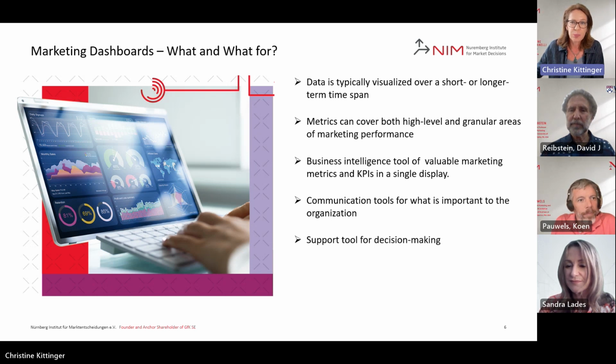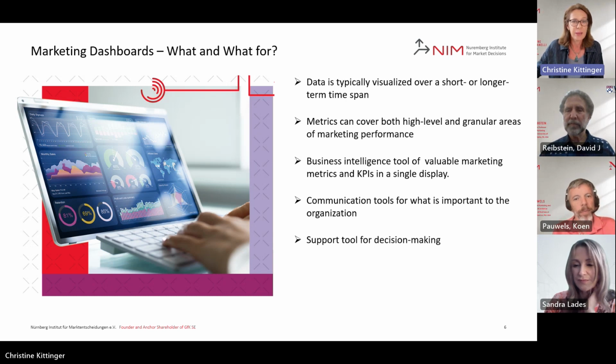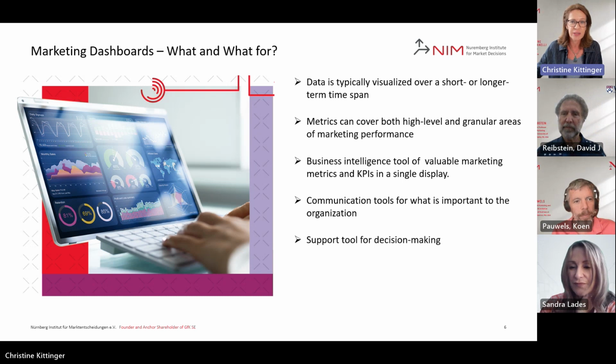These dashboards fulfill several functions. They should be business intelligence tools and carry a hopefully very meaningful collection of data, of metrics and KPIs. Dashboards should also serve as communication tools and show what is important to an organization.